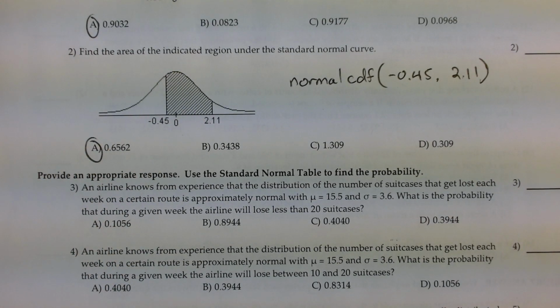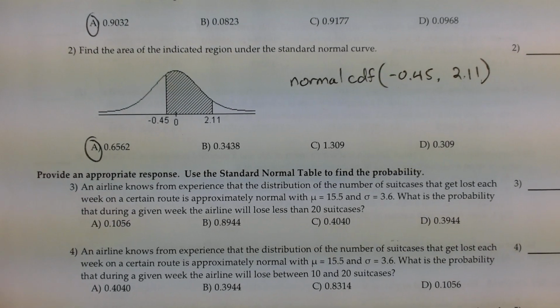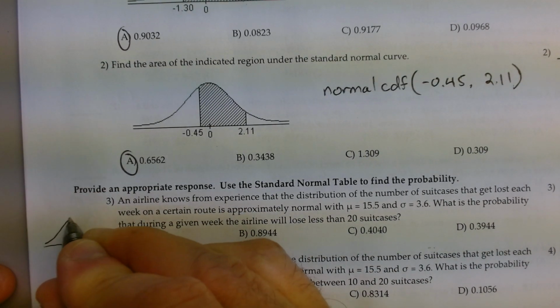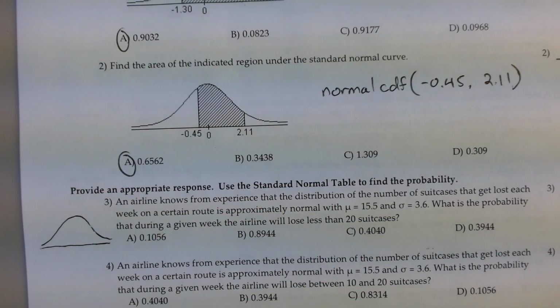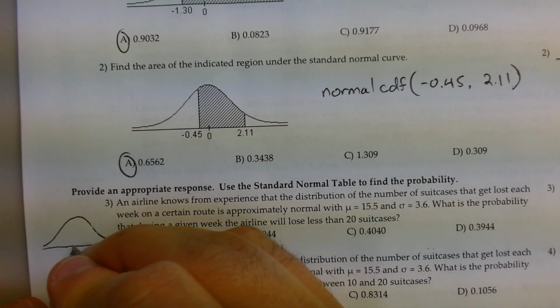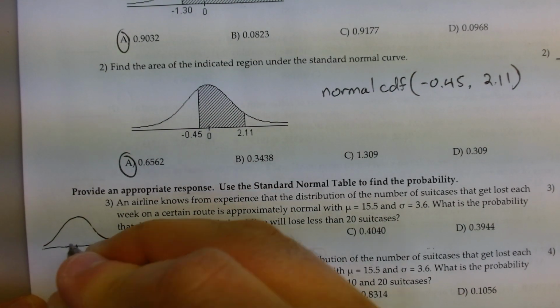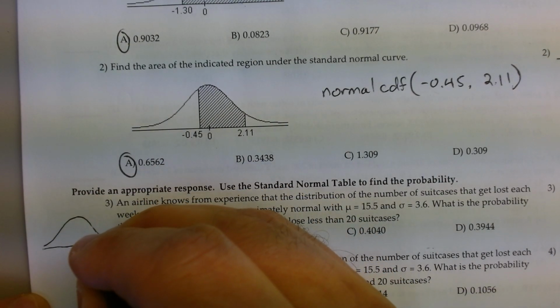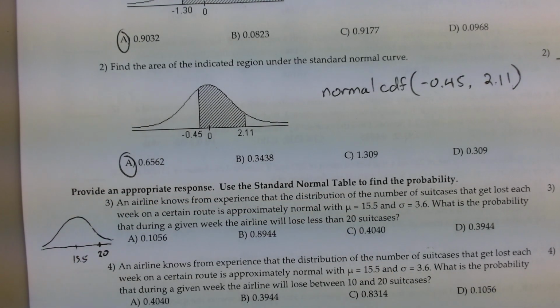We want to find the probability that they'll lose less than 20 suitcases. So let's draw a picture of what that looks like. The mean of 15.5, standard deviation of 3.6. So 20 would be maybe around here, considering that standard deviation of 3.6.